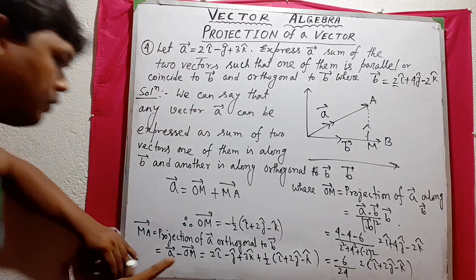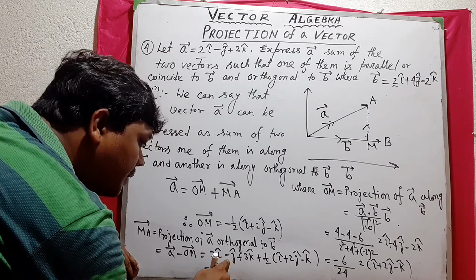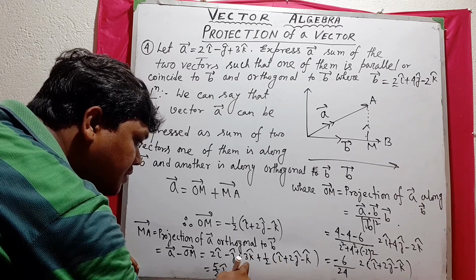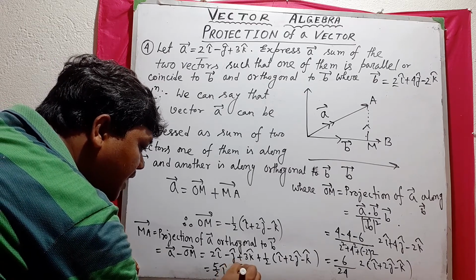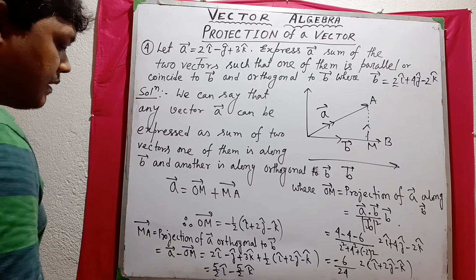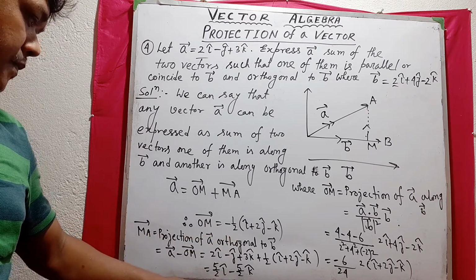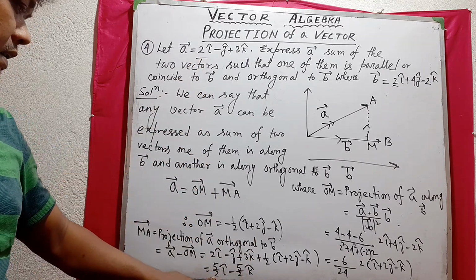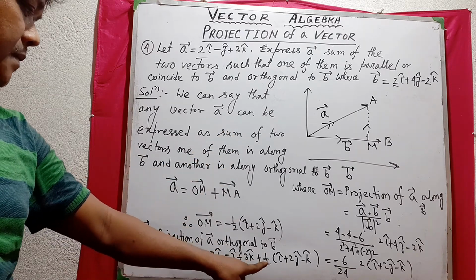Okay, so 5/2 I cap minus j plus j, that is 0, 3k cap minus half, that is minus 5/2 k cap. দেখো তো এই দুটো ভেক্টর যোগ করলে আমরা a ভেক্টরই পাবো। ক্লিয়ার? 5/2 minus half, that is 4 by 2, 2i cap minus j cap plus 3k cap minus 5/2 minus 3k cap.